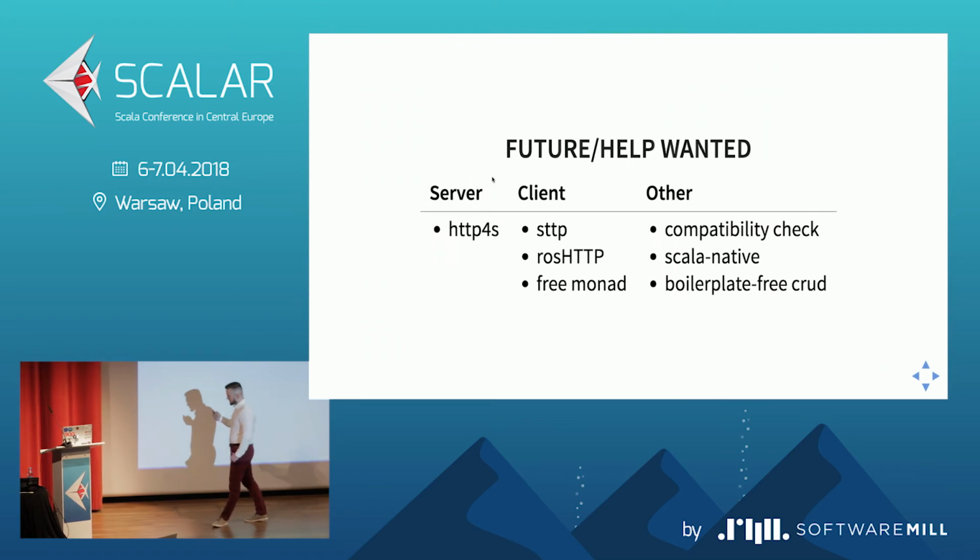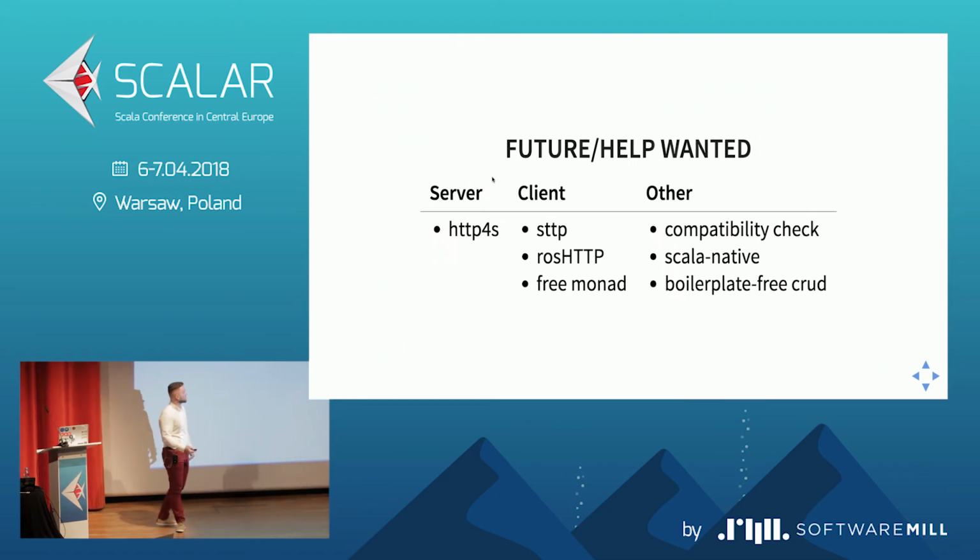Yes. So there are still a lot of things to be done here. We would like to have more backends, especially http4s and sttp. But one thing that I'm very excited about is the compatibility check.